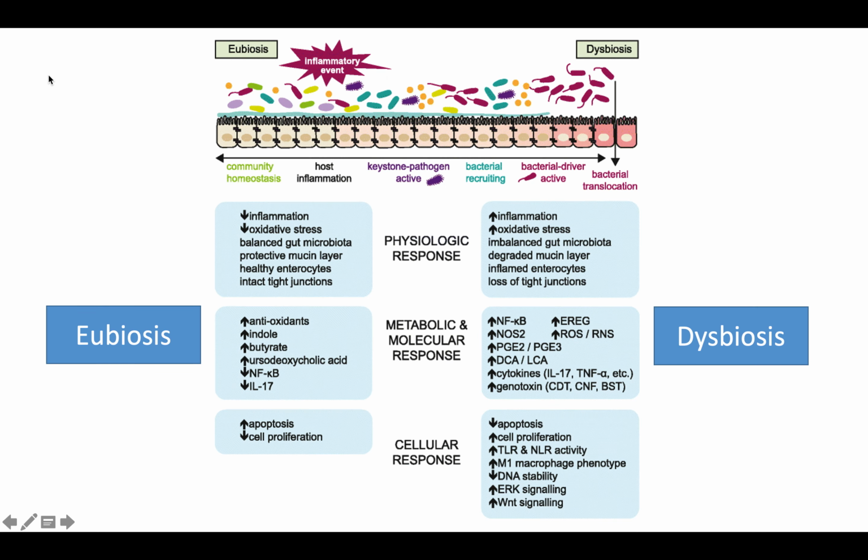So this is getting a little closer look. We're honing in now on the lining of the intestine. And in eubiosis, when you've got healthy, non-pathogenic bacteria present, you have little inflammation. You have a decrease in oxidative stress, which means a decrease in the production of free radicals. Of course, your gut microbiota is in balance.